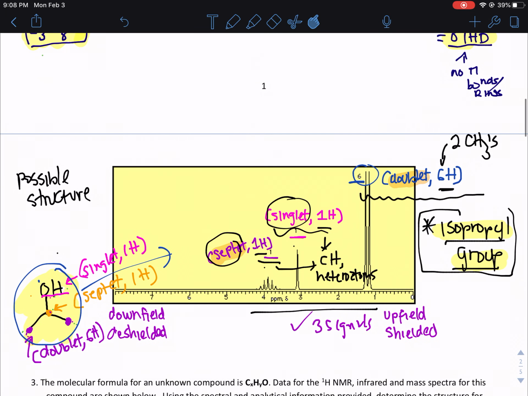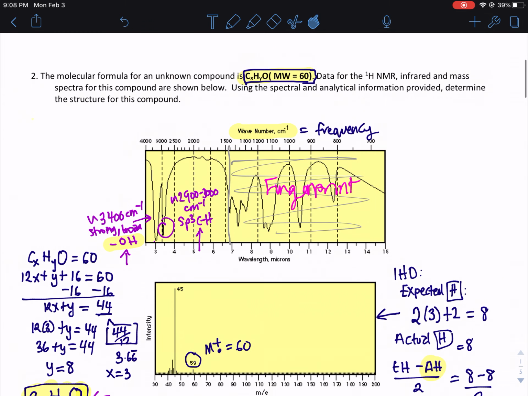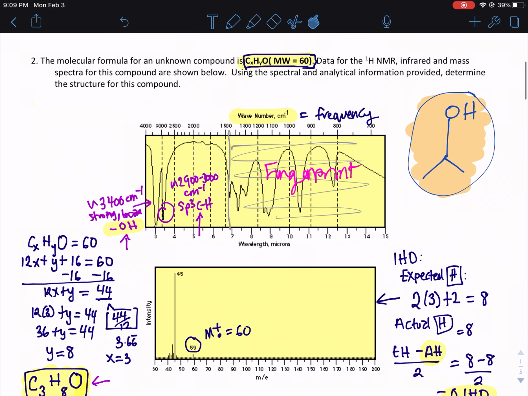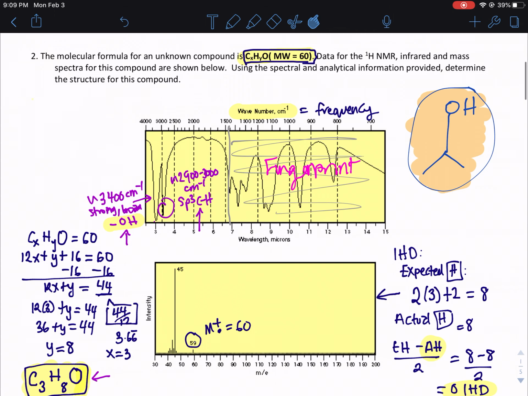This is isopropanol. So let me go ahead and draw it somewhere where it is clearer. So that is our isopropanol. Let us go ahead and put that in orange. So yes, that is how you determine a compound from a proton NMR, infrared and mass spectra.